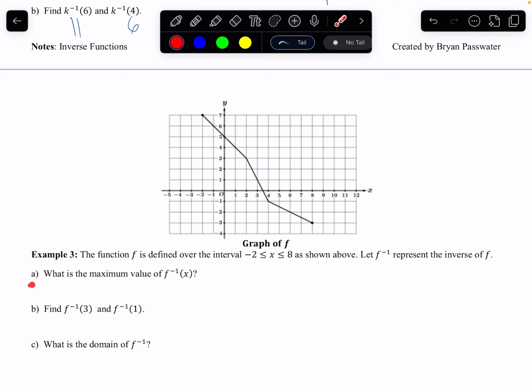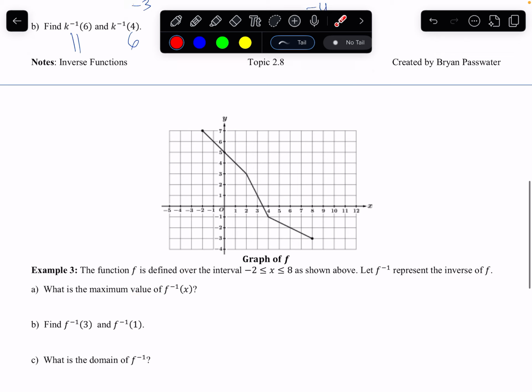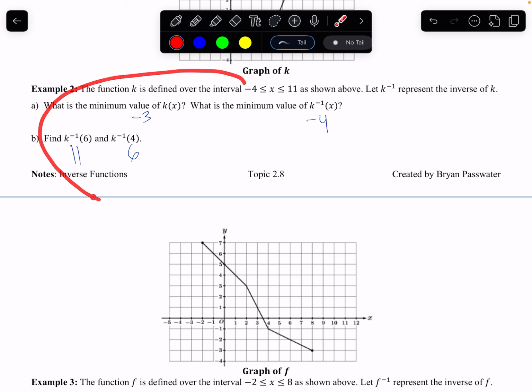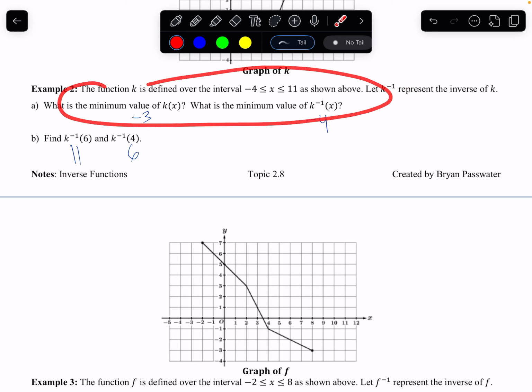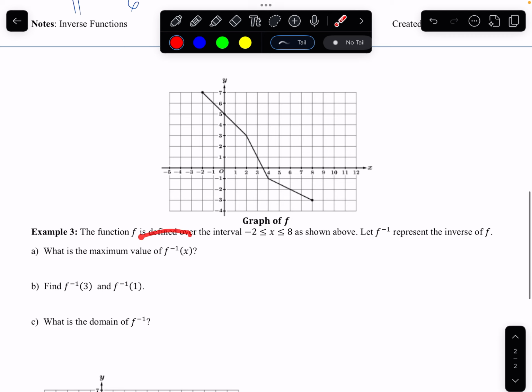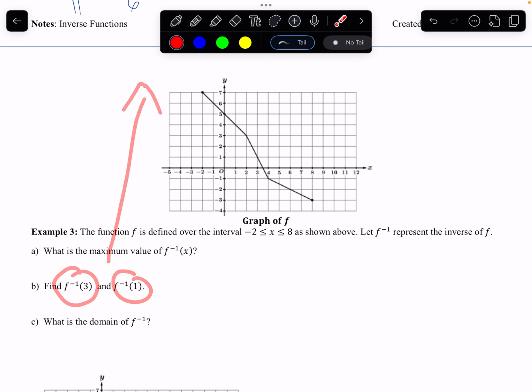What is the maximum value of the inverse of f? So I'll let you find that. It's the same concept that we had here when we were doing these two. So what is the maximum value of the inverse of f? And then you're also going to find these. Same thing that you saw in the previous problem.